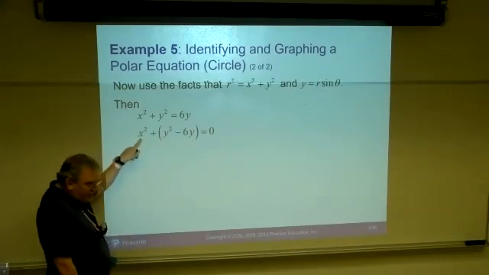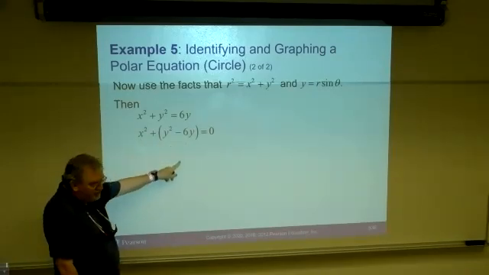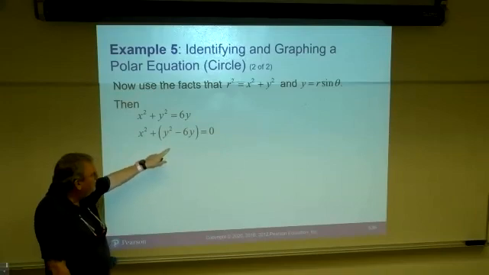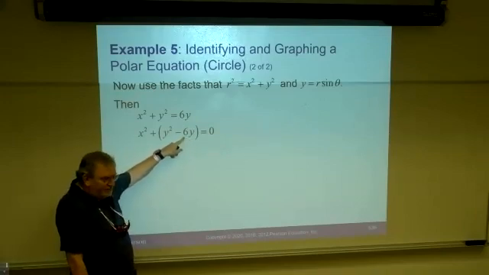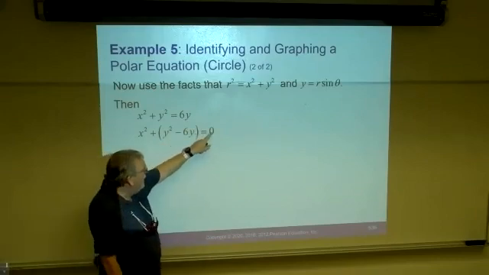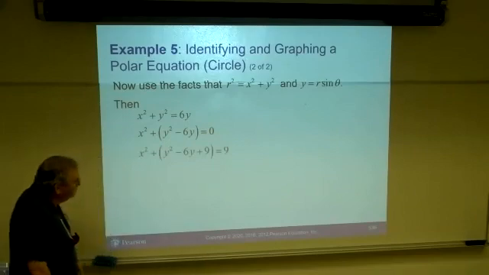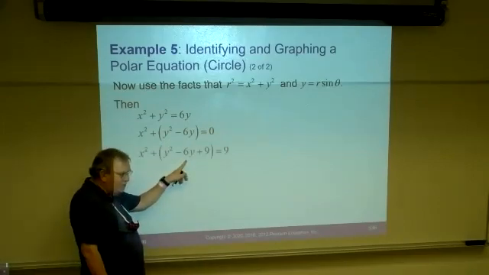So that means the x value of the center is 0. And the y value of the center is going to be a positive 3. But we need to convert that. So I take half of -6, which is -3. -3 squared is 9. So we're going to add 9 to both sides of the equal sign. So what's inside here is a perfect square trinomial.